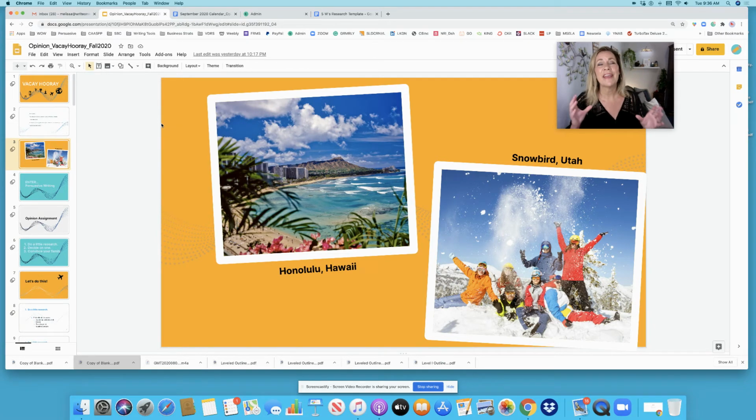And it's going to be the student's job to research both. I got to get a little research in there. We can't just base it on emotion, and consider our whole family in our decision-making process, and then convince through our opinion writing that our choice makes the best sense. This is going to be a very fun project.